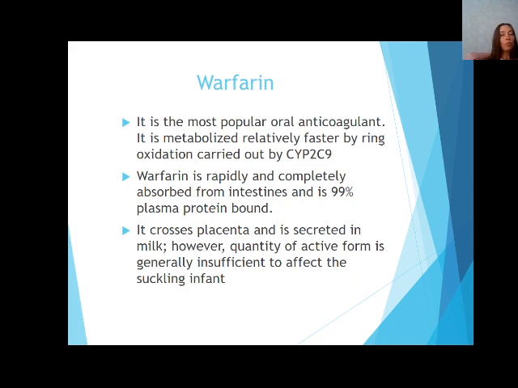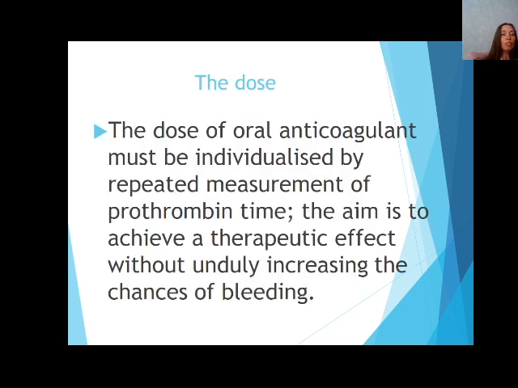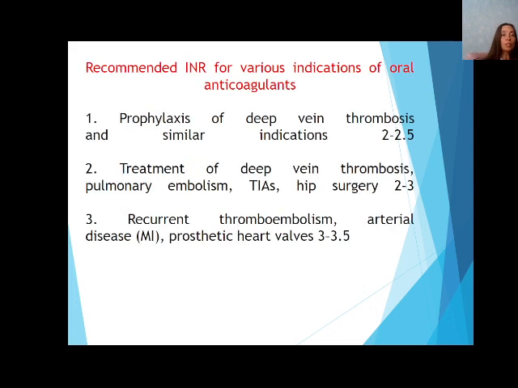However, quantity of active form is generally insufficient to affect the sucking infant. So, dose of oral anticoagulant must be individualized by repeated measurement of prothrombin time. The aim is to achieve a therapeutic effect without increasing the chances of bleeding.